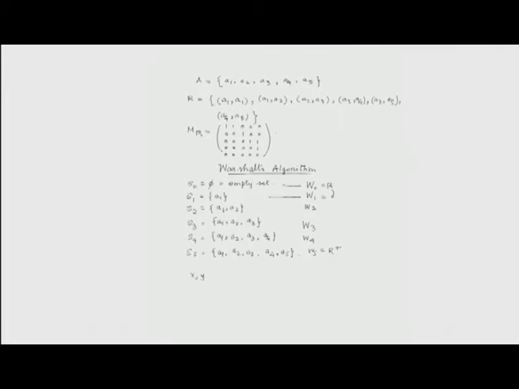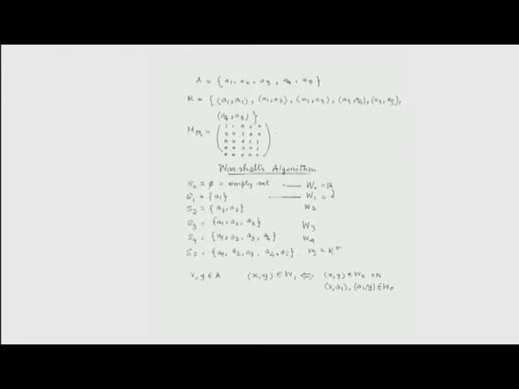We define it in this way: consider two elements x, y belonging to A. Then the pair x comma y belongs to W1 if and only if x comma y belongs to W0, or x comma A1 and A1 comma y both belong to W0.